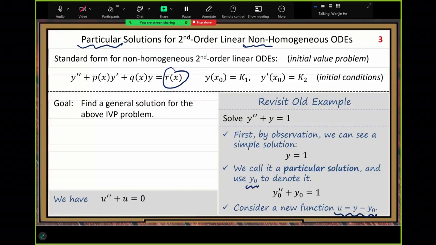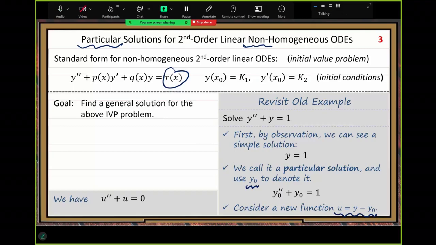So this time you take u, and the right hand side 1 is gone, so you have u double prime plus u equals 0. Think about it: you plug in y, the right hand side is 1; you plug in y0, the right hand side is also 1; you do the subtraction. So 1 minus 1, the right hand side becomes 0. On the left hand side, you get u double prime plus u.